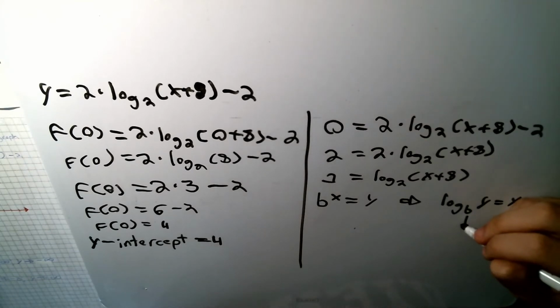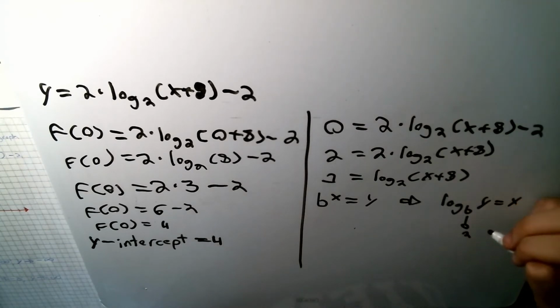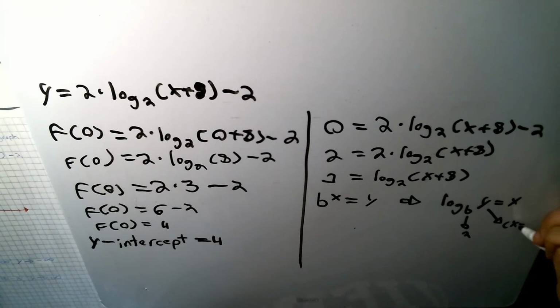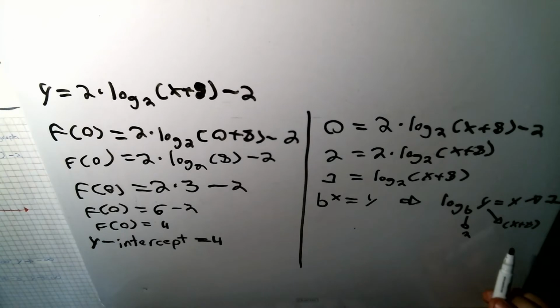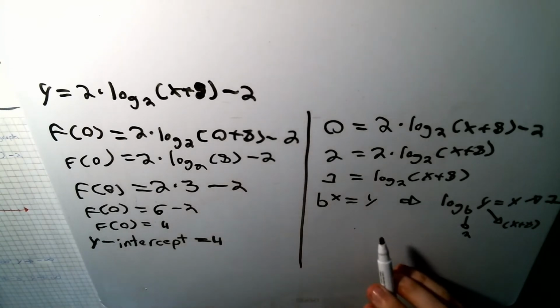Here b will be 2, y is x plus 8, and x is 1. Now we're going to arrange this in the form b to the power of x equals y.